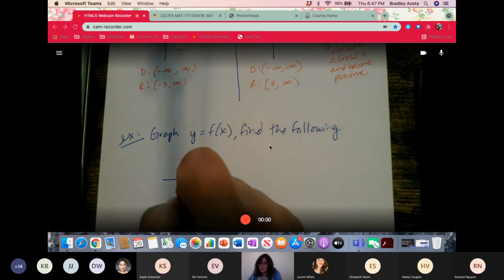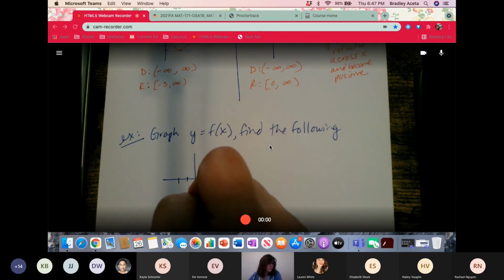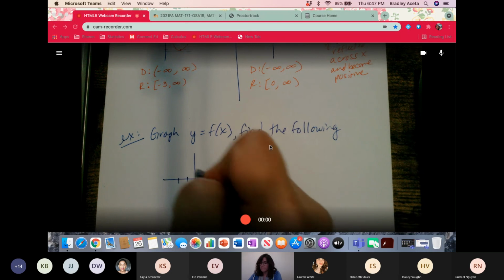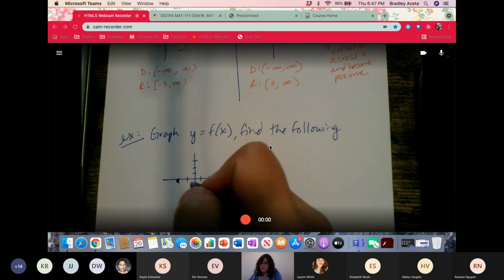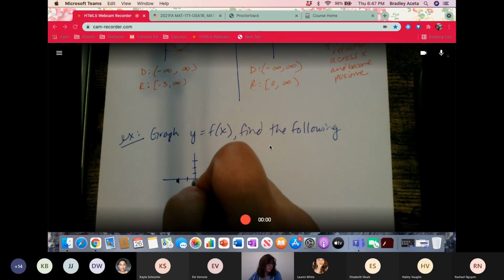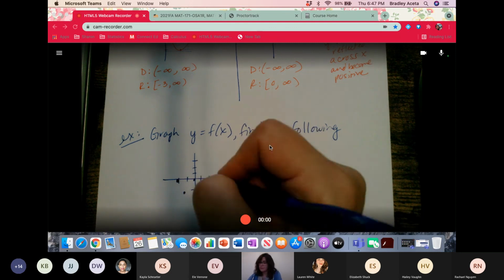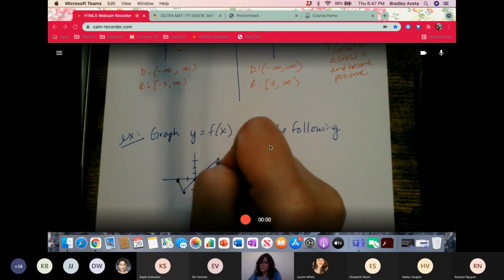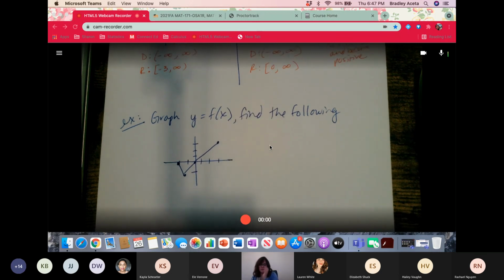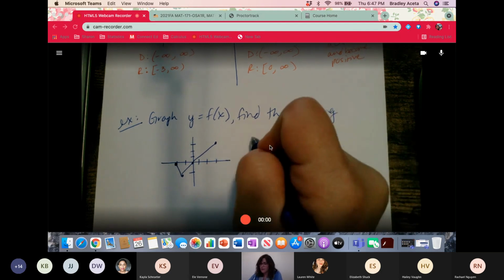Hold on, I got to get it drawn correctly. 1, 2, 3. So it goes here, here, here, and here. Okay, so they're going to give you this graph, and they're going to say 4 things.